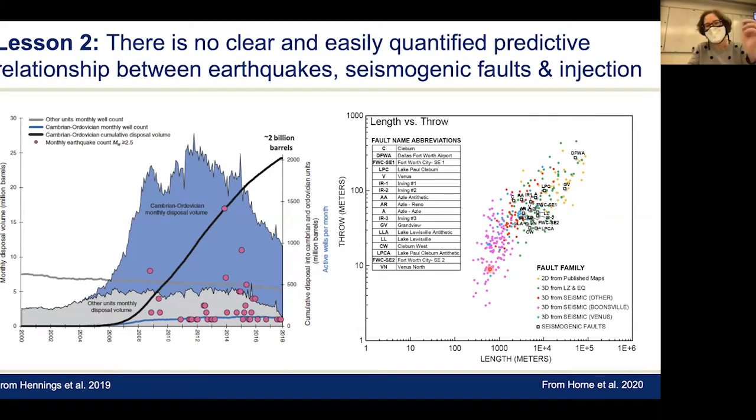So when a fault gets activated, right, has seismicity on it, does the whole mapped fault tend to slip, or just small sections, leaving behind more potential to continue the slip? It depends on if you have mapped the fault from 2D seismic reflection data or from 3D seismic reflection data. Right.